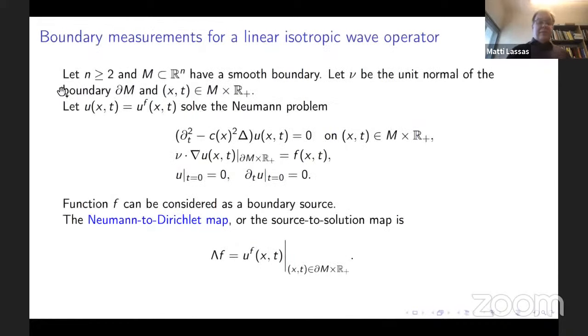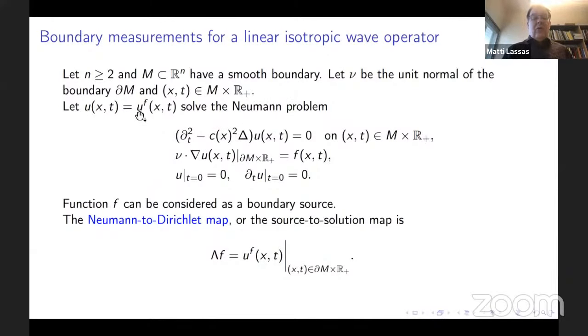So how to model this? Let's now consider a domain that I denote by M because I want to consider it as a manifold. But at this stage, let's consider a domain M in Rn, an open domain that has a smooth boundary, and nu is the normal vector. Let's consider now the linear wave equation with varying wave speed. So c of x here is the wave speed, and this is assumed to be unknown.